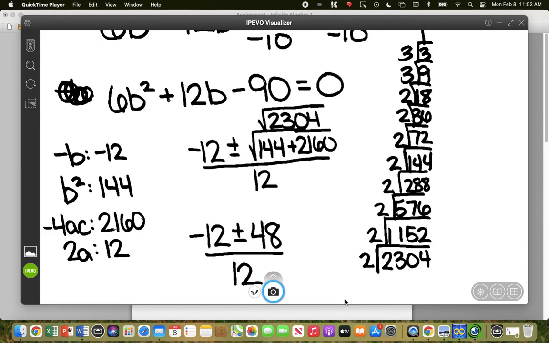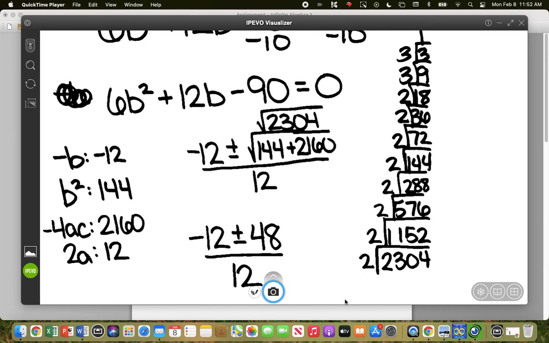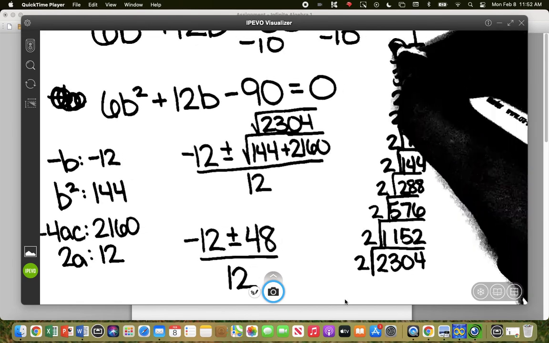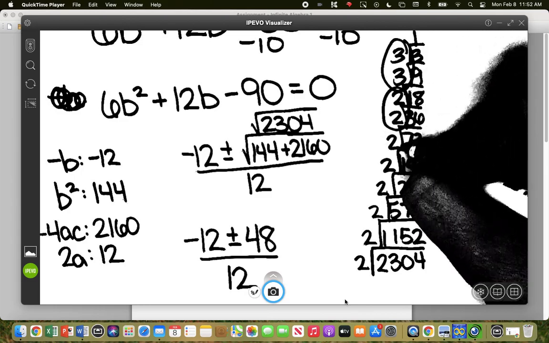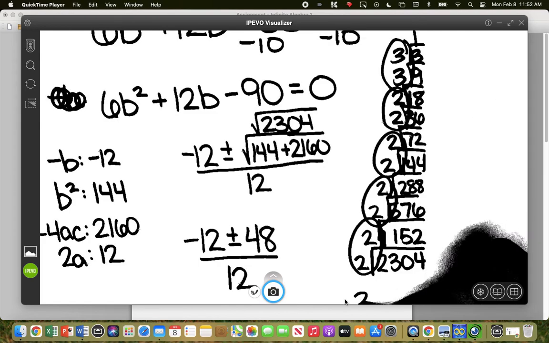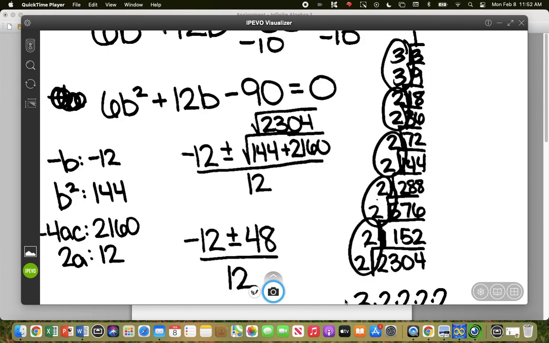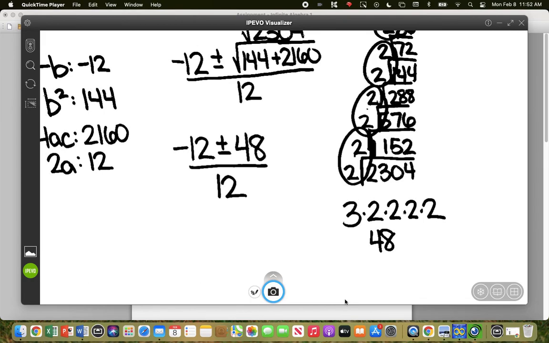So if you have to simplify 2,304 on your own, I want to show everybody on this one, we have a pair of 3s and then a 2, a 2, a 2, and a 2. So we're taking 3 and then 2, 2, 2, 1, 2, 3, 4 2s. And so this ends up being 48 with no leftovers.